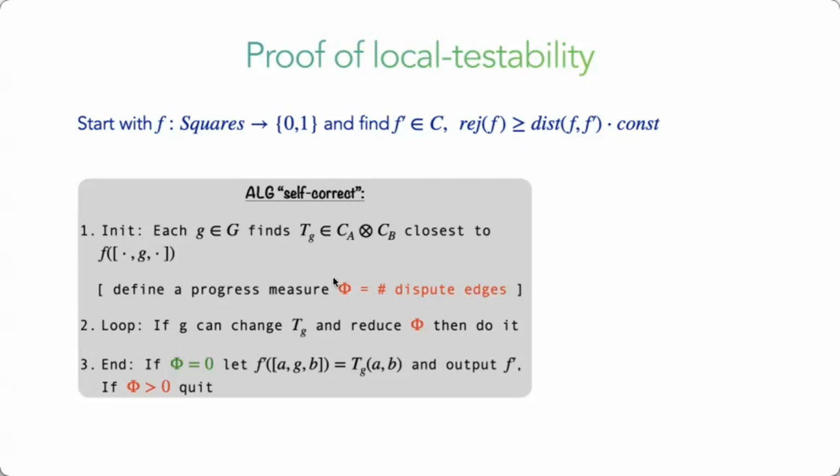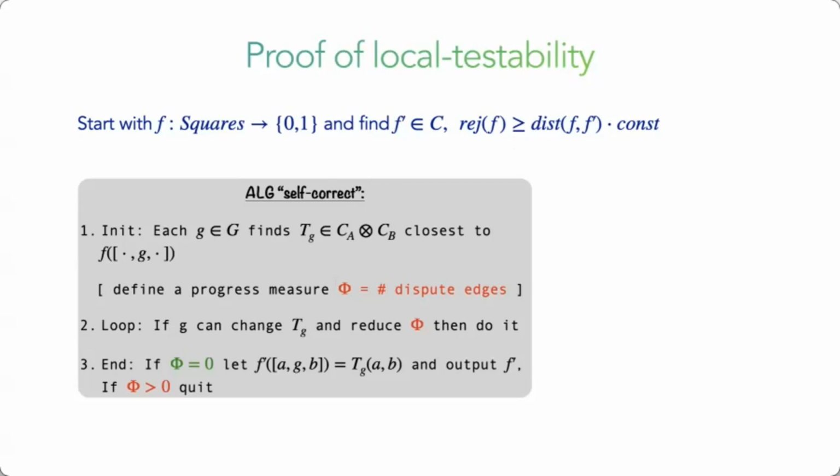So we're going to measure this. Phi is going to be the number of edges, pairs of vertices that have an edge between them, that disagree with each other. The local view here disagrees with the local view there.